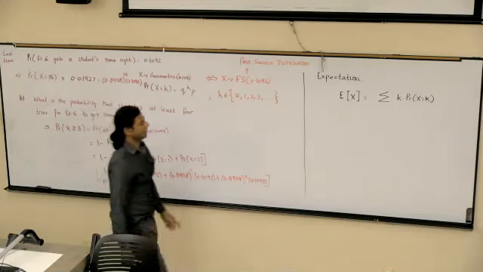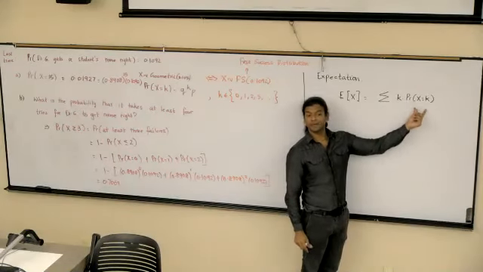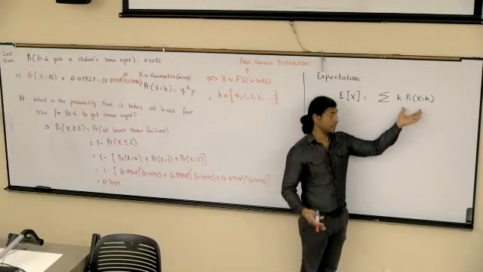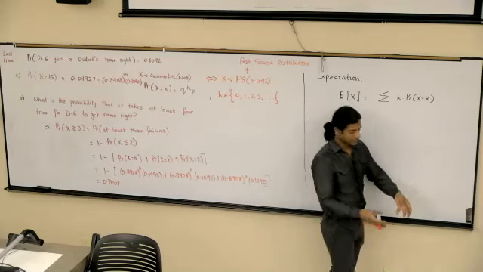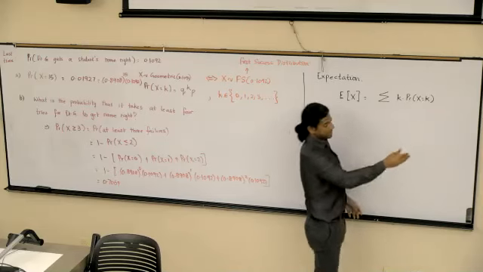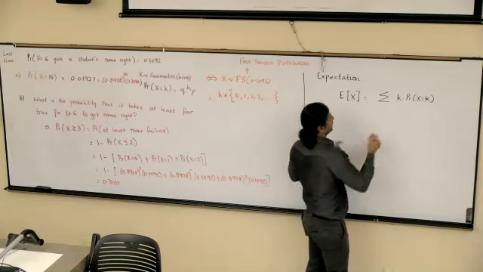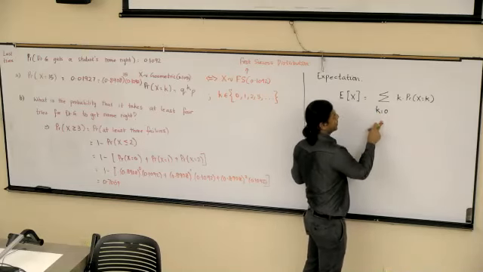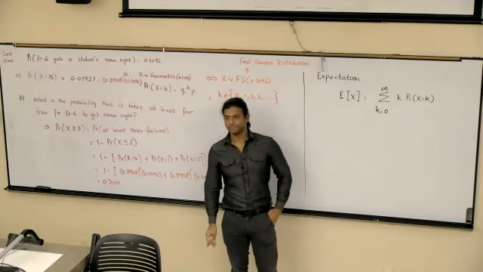So expectation is simply the sum of every outcome multiplied by its probability. If you recall, this is very similar to a weighted mean. We are simply weighting each outcome by the probability that it would occur. So here we start at 0 and go all the way up to infinity. Yes?